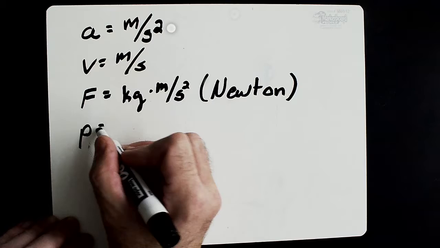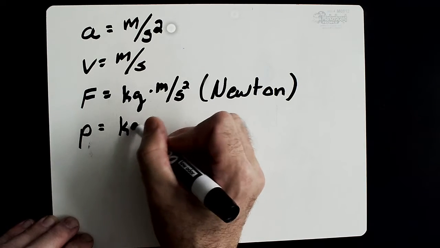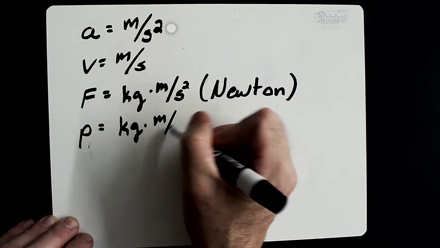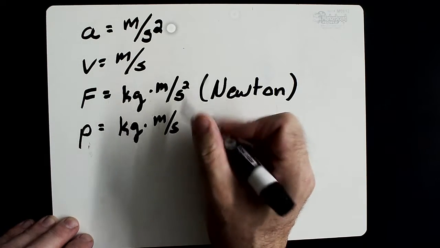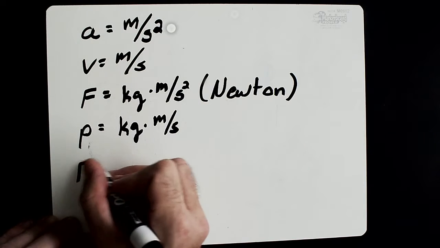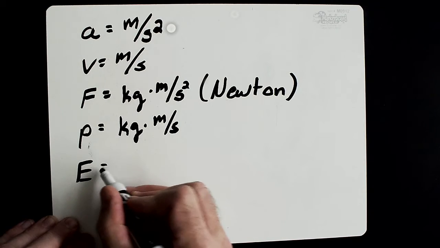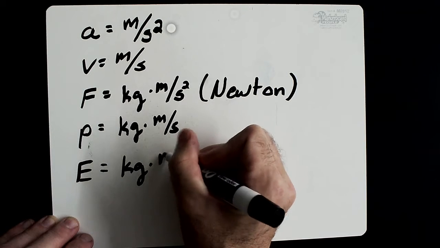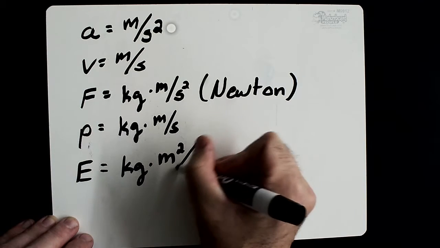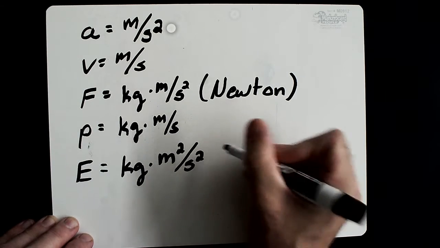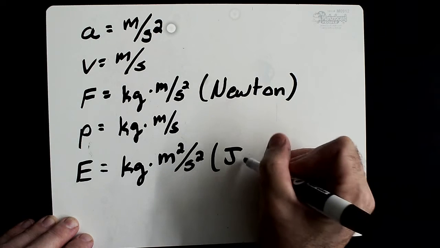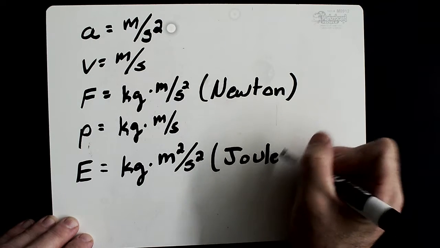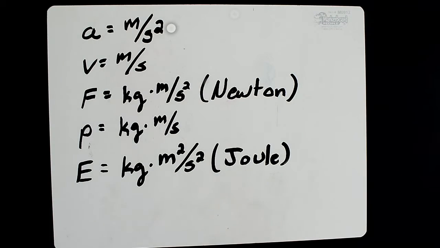Momentum is kilogram meters per second, right? It's not squared. And then energy equals kilogram meters squared over second squared, and that is called a joule. So you got to watch your units.